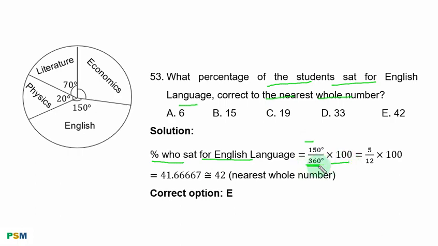This fraction reduces to this times 100. When you multiply and divide, you have 41.66667. To the nearest whole number, you have 42%. The correct option is E.